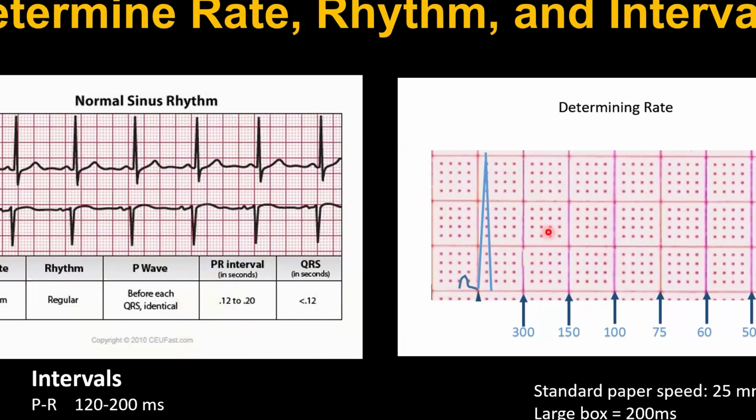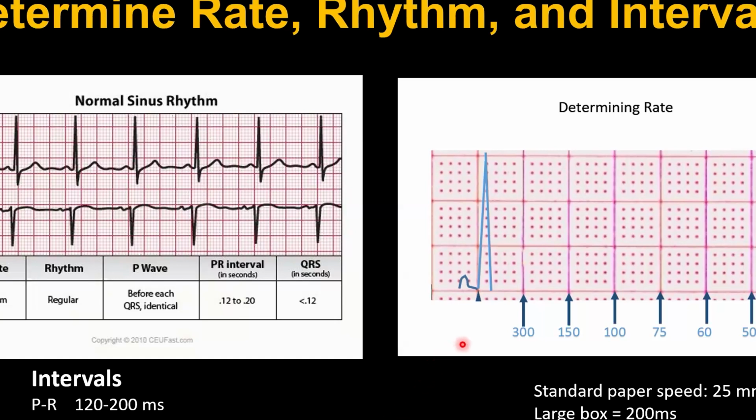So the PR interval should be less than one large box. The QRS is less than 3 small boxes, 120 milliseconds, and the QT interval should be less than 470 in men and 480 in women.